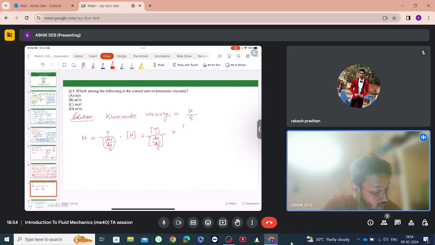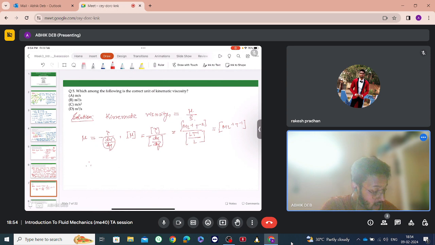The dimension of tau is M L inverse T to the power minus 2, and du has the dimension of velocity, and dy is length. So we will get M L inverse T inverse.